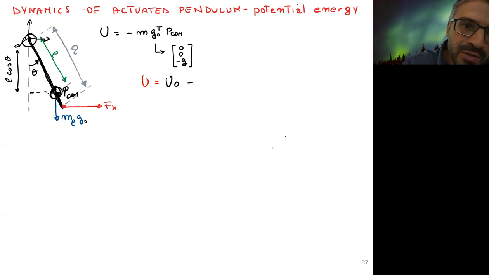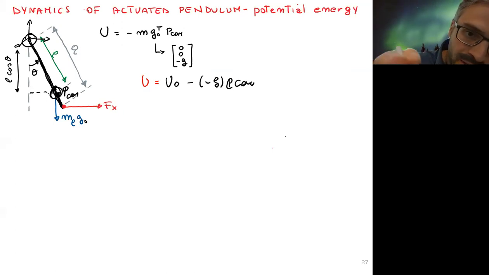Because gravity is vertical, the potential is minus m g L cos theta.